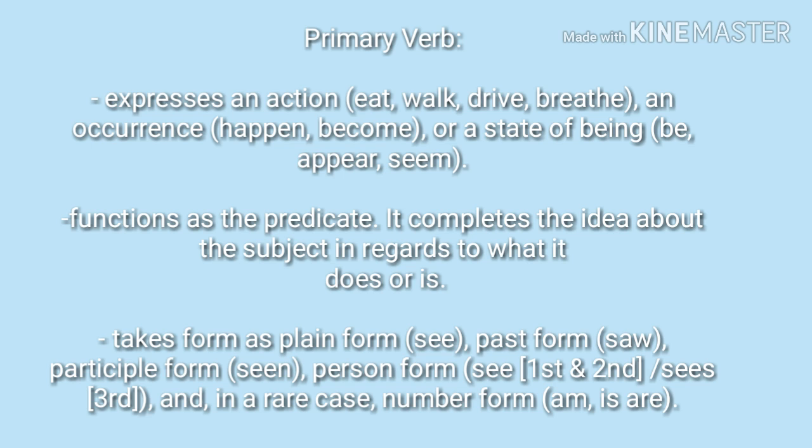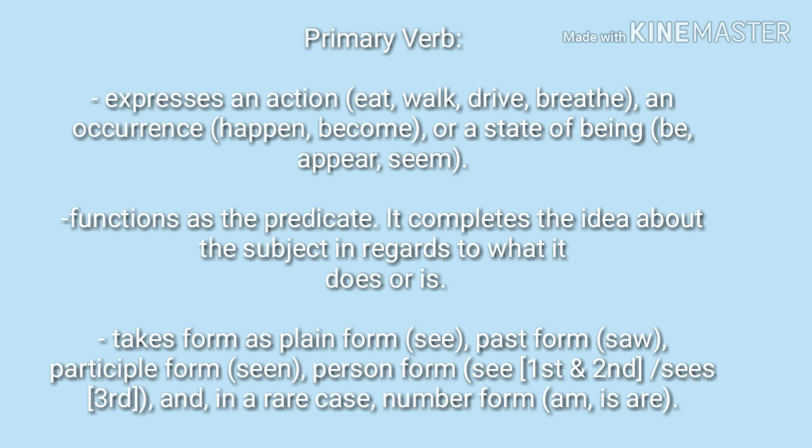Alright, and the second is that it functions as the predicate. It completes the idea about the subject in regards to what it does or is. So the function of a predicate is that it gives a complete idea about the subject, what he or she is doing or what they or we are doing. Alright, now the third is that it takes form as a plain form, like see. So see is a plain form and its past form is saw, and past participle form is seen.